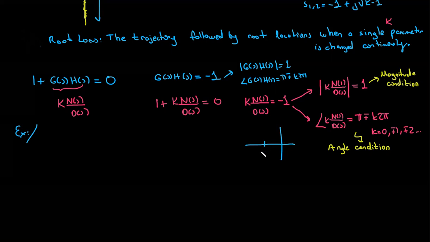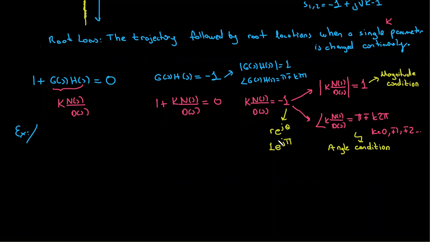In the complex domain, -1 is here, so the angle of -1 is this pi. You can write -1 as r times e to the j theta, and that is indeed equal to 1 times e to the power j pi. The angle of -1 is equal to pi in the complex numbers.